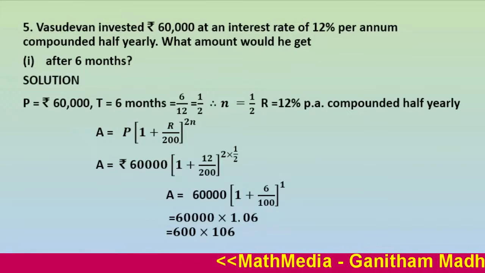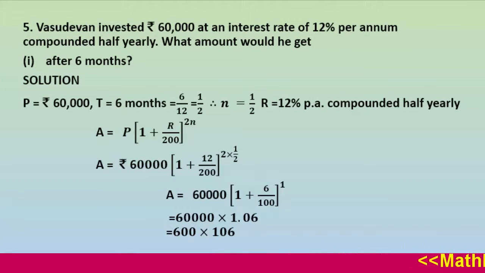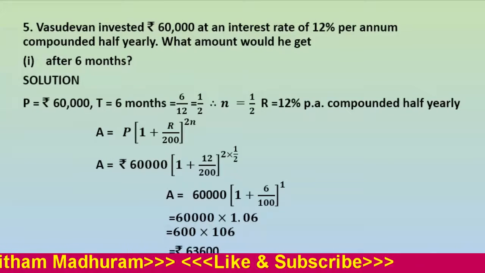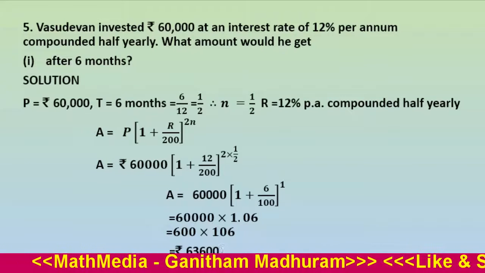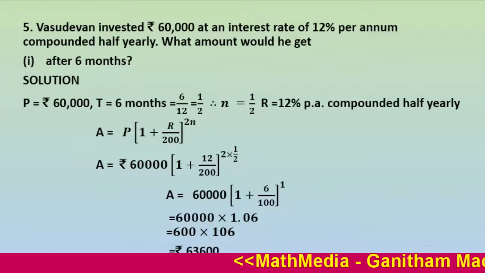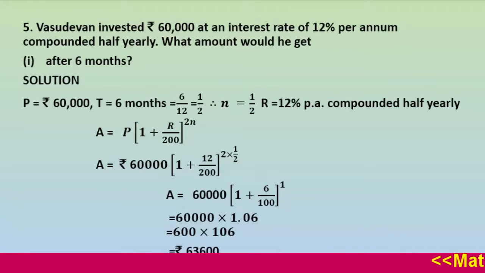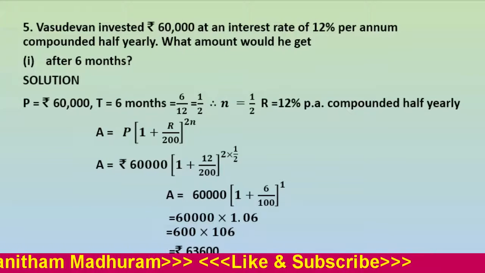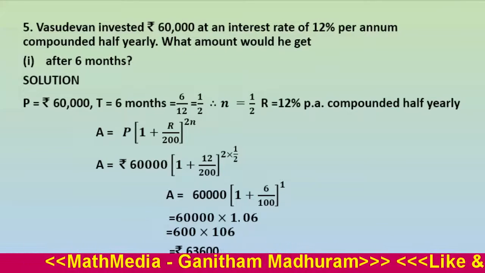That means 600 into 106, which gives 63,600. So the amount after 6 months will be 63,600.